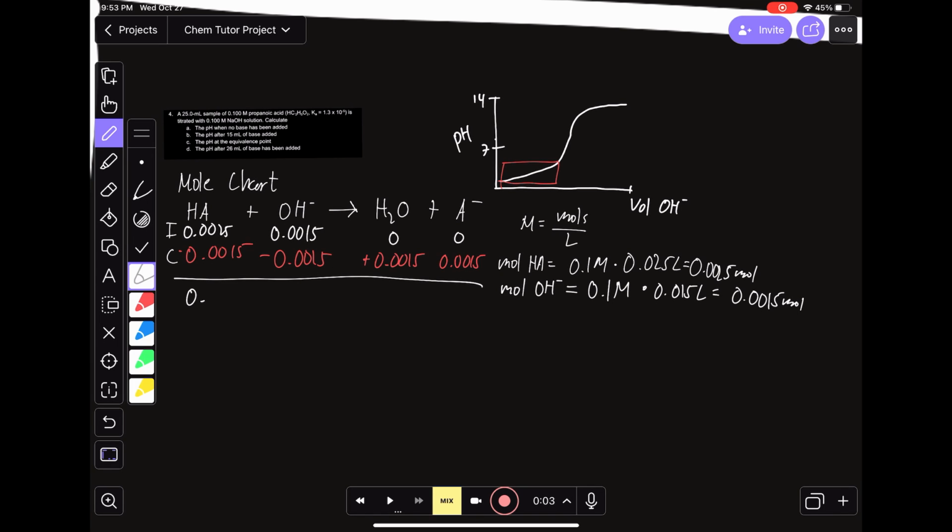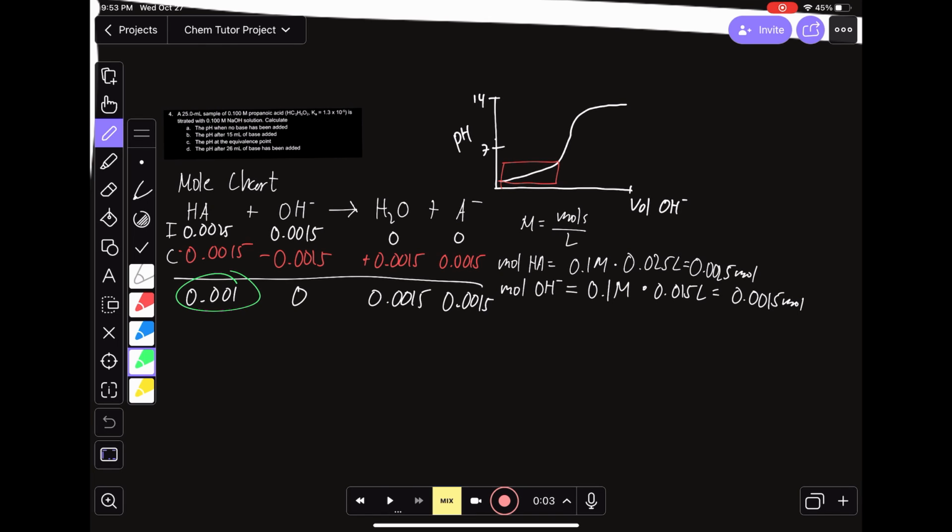And we get 0.001. We have 0 here for the base, and 0.0015 for water, which is not important, and 0.0015 for the conjugate, which is important.